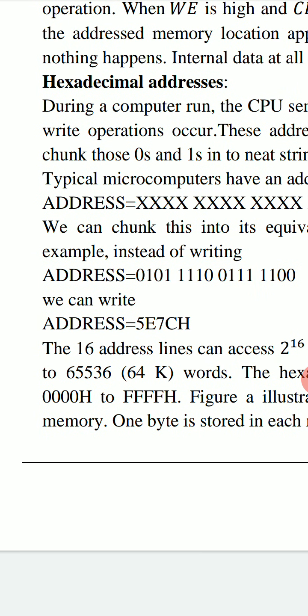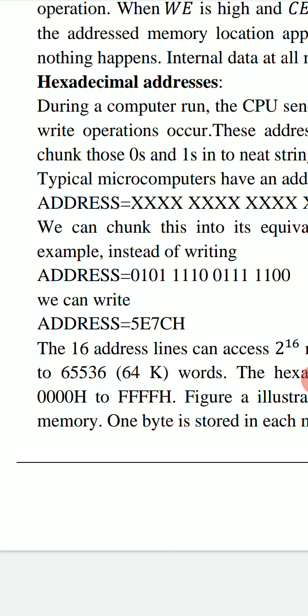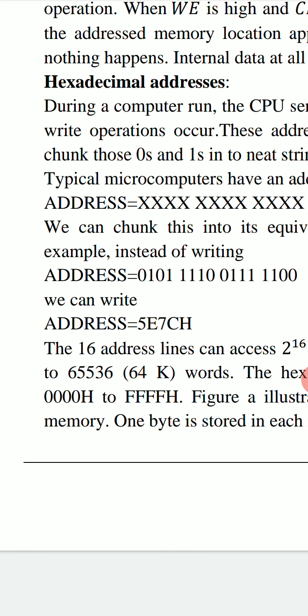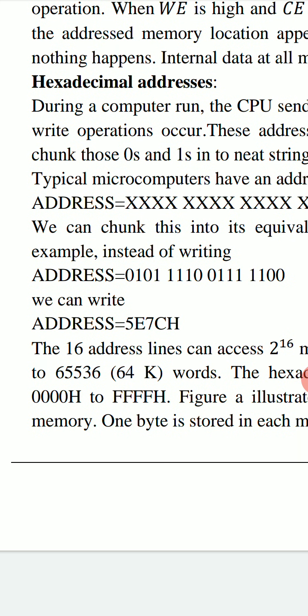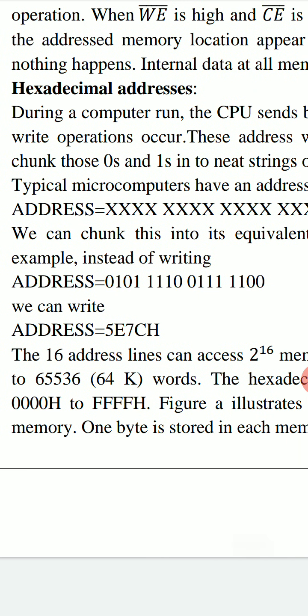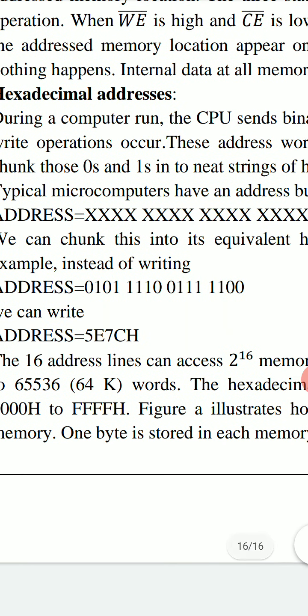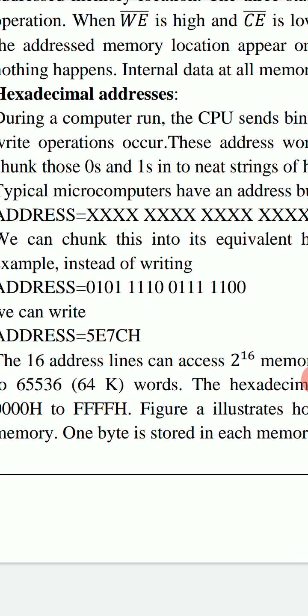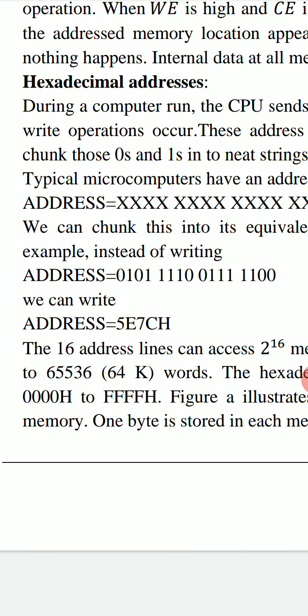We can write this address as 5E7C. 5 is for these 4 bits 0101, E for the next 4 bits 1110, 7 for the next 4 bits 0111, and C for the next 4 bits 1100. And we write H in front of this. H is for hexadecimal address.